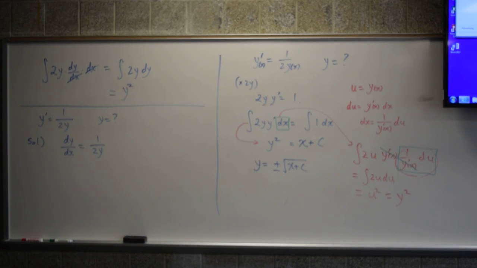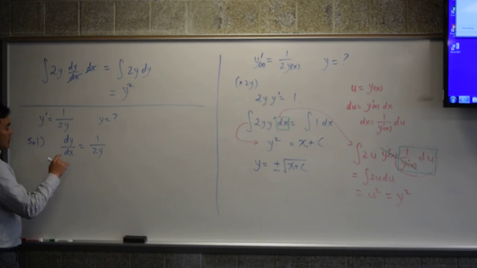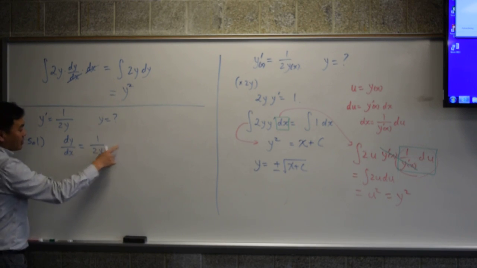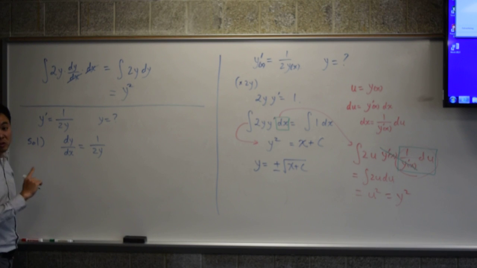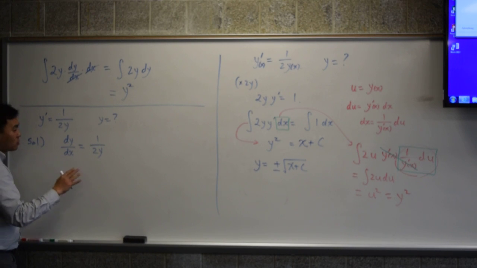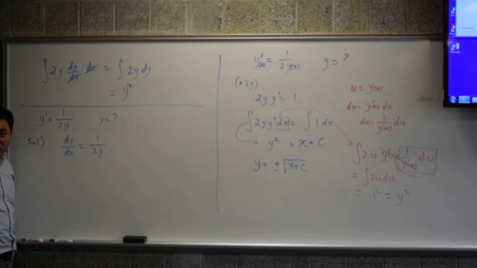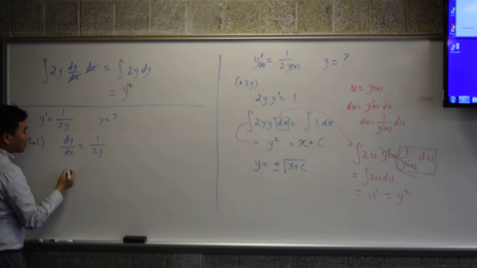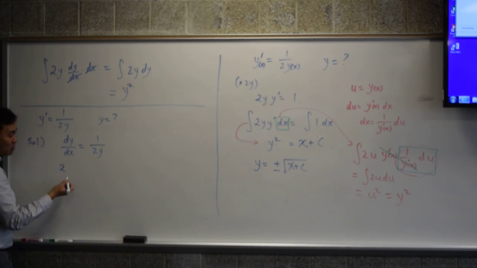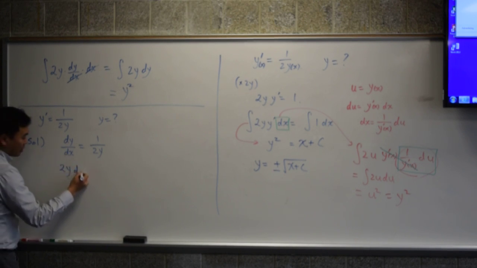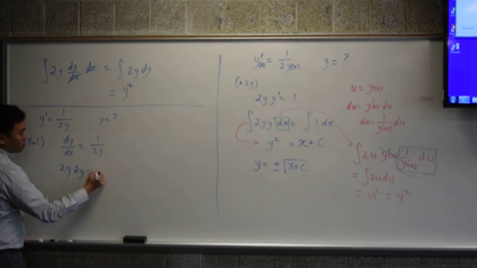Then, if you can, move all the x's to one side and all the y's to the other side by multiplying, not by adding or subtracting. That's the cross multiplication you mentioned. So if you cross multiply, you have 2y dy equals 1 dx.